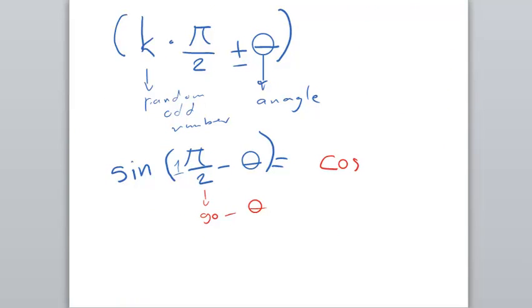I mean the sign, positive or negative. So it would be positive, because 90 minus any angle is between 0 and 90, so it should be positive. So that's right, it's in the first quadrant.